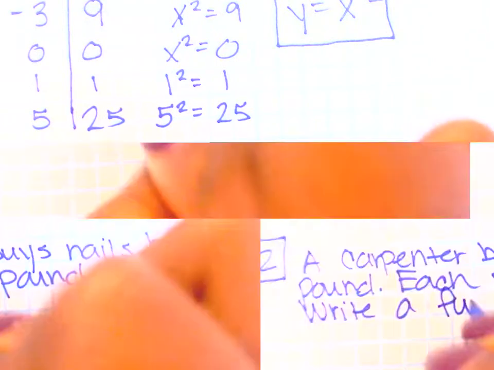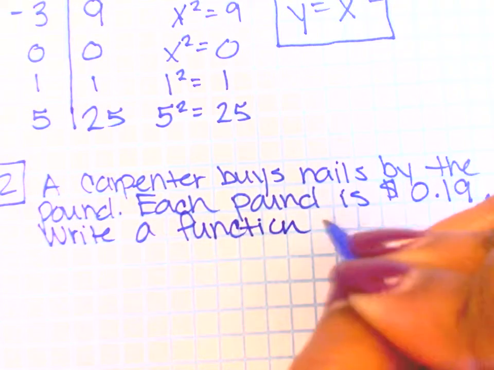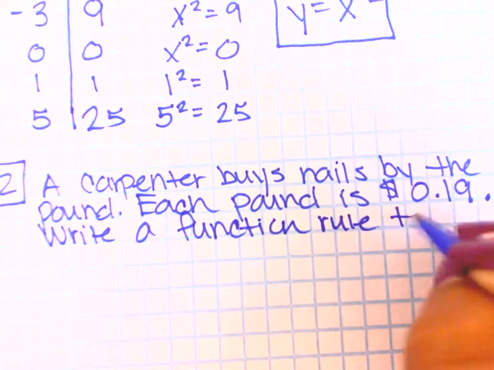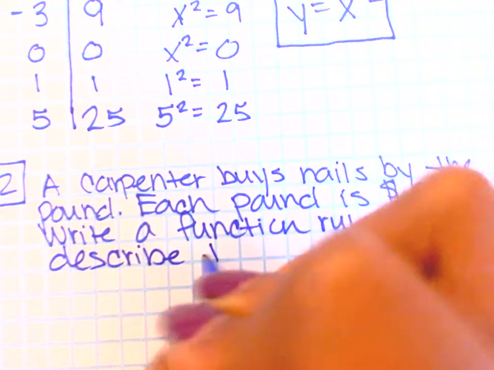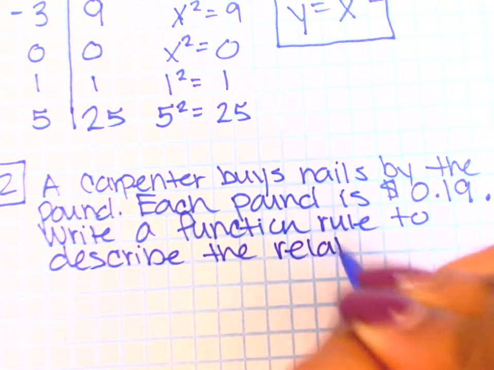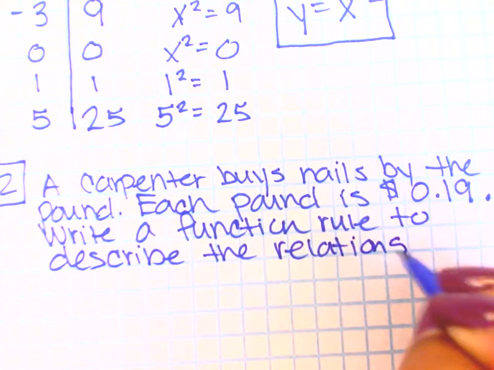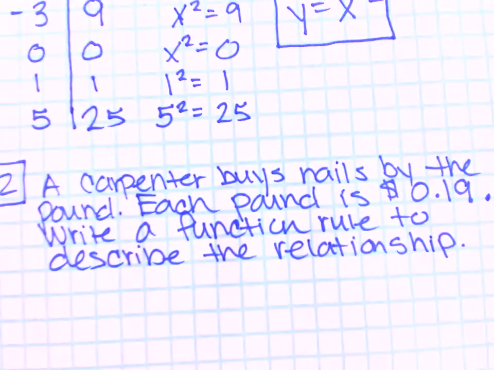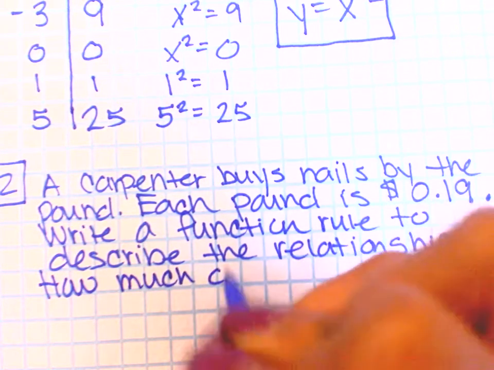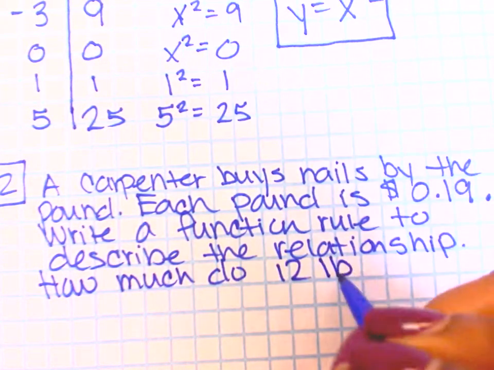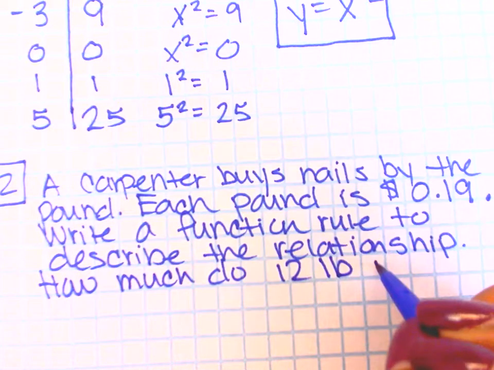Write a function rule to describe the relationship. So we have to come up with our function rule. Second part to the question, how much do 12 pounds of the nails cost?